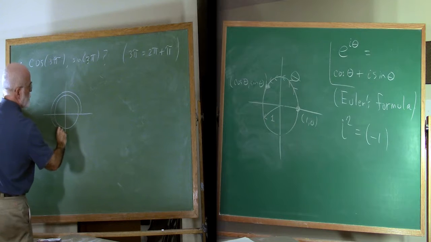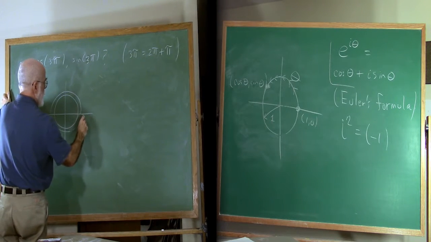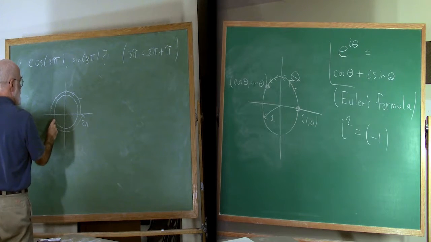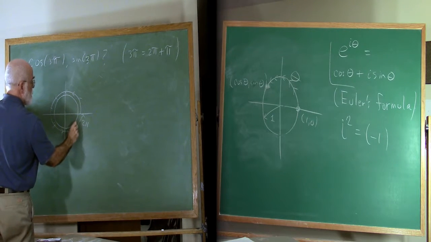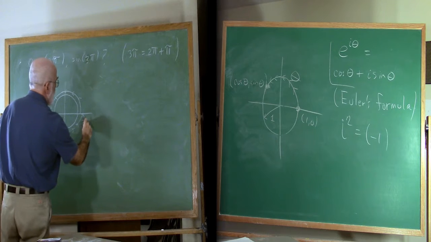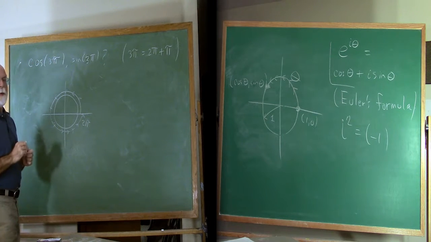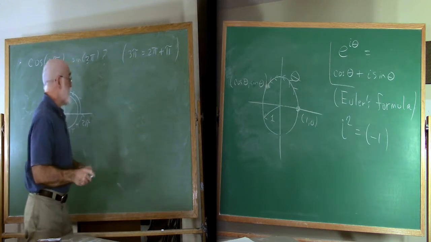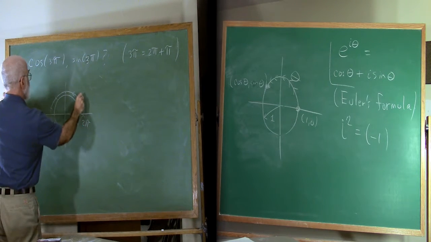Travel, travel, travel, travel. There's the 2 pi. But I'm not done. Then I add on an extra pi. An extra half circle.